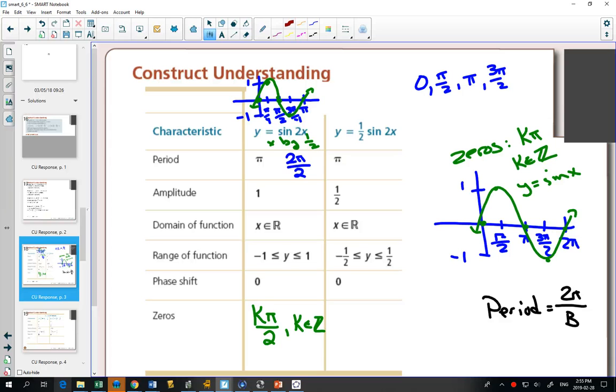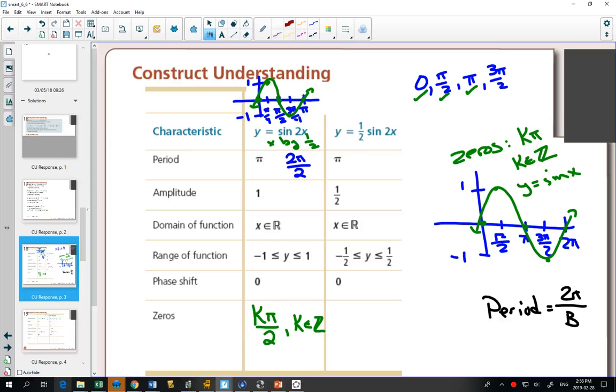If we look at our list, can you see that when k is 0, we have that one? When k is 1, we'd have 1 pi over 2. When k is 2, you would have 2 pi over 2. Can you see that that's pi? Then 3 pi over 2, then 4 pi over 2, then 5 pi over 2, and so on.